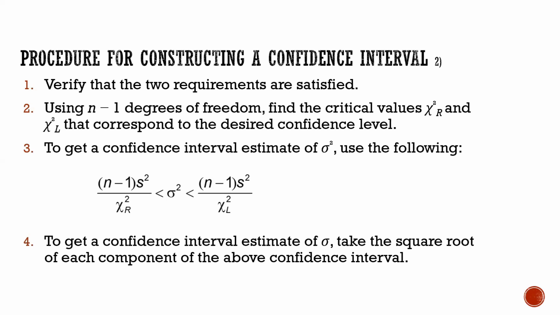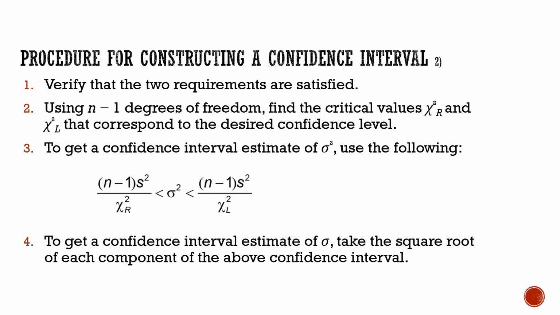N being greater than 30 is fine for mean and proportion estimations. It does not work for standard deviation. You have to know that the original distribution is normal. So before, it was greater than 30 or normally distributed. Here it's just normally distributed.